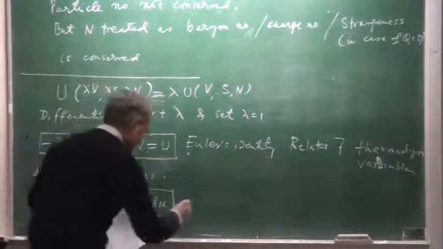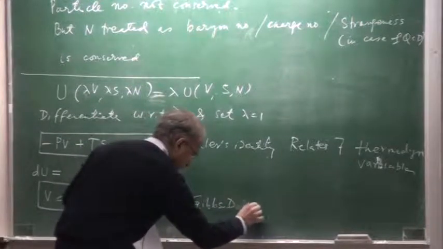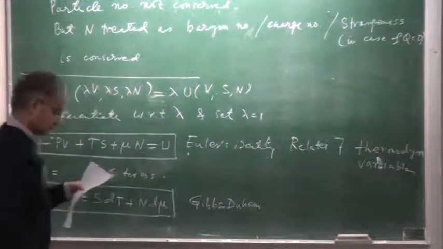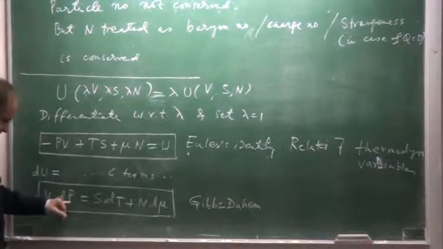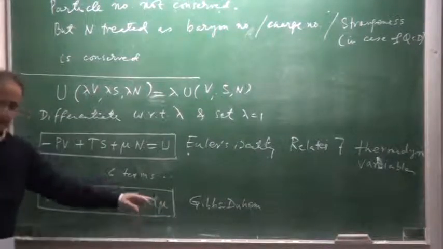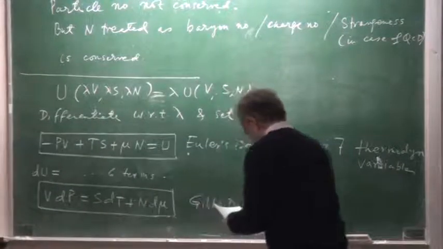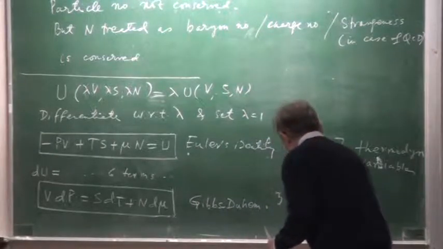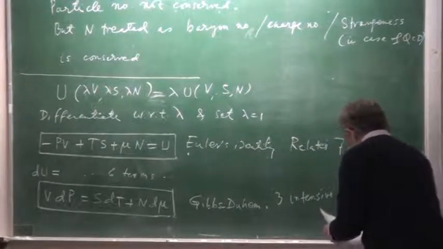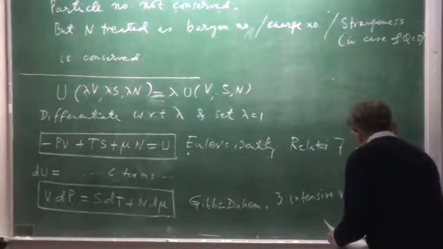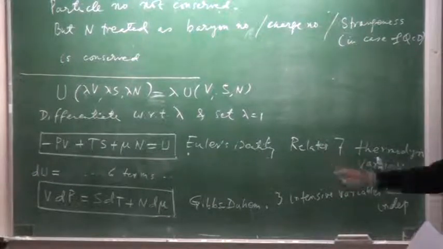This is called the Gibbs-Duhem relation. It shows that the three intensive variables, pressure, temperature, and chemical potential, are not independent. This is the relation between those three.